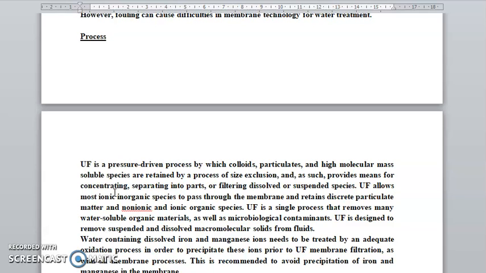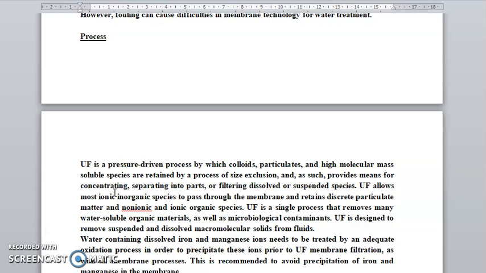Ultrafiltration allows most ionic inorganic species to pass through the membrane and retains distinct particles and non-ionic and ionic organic species.